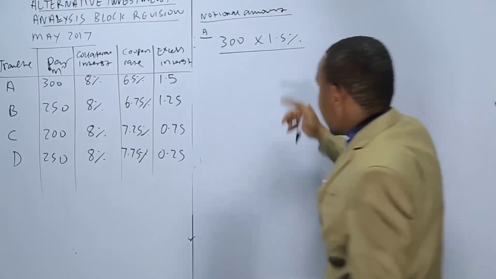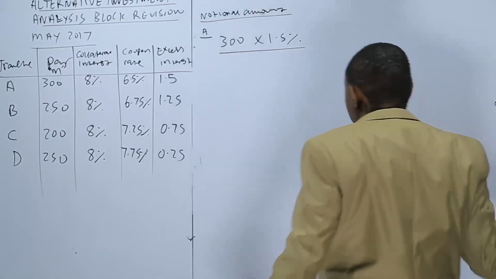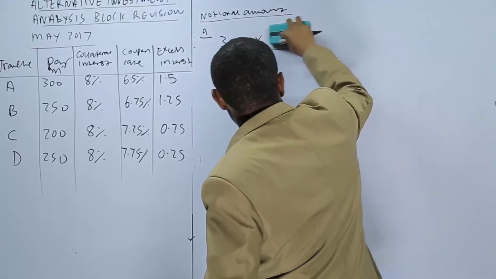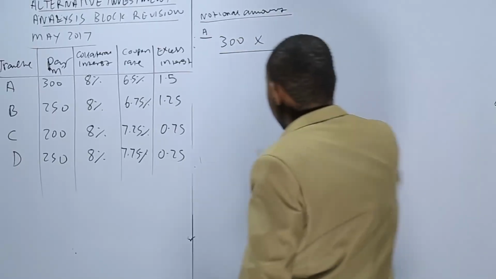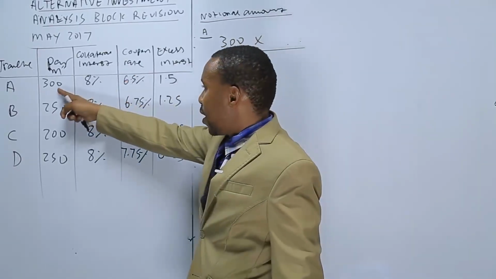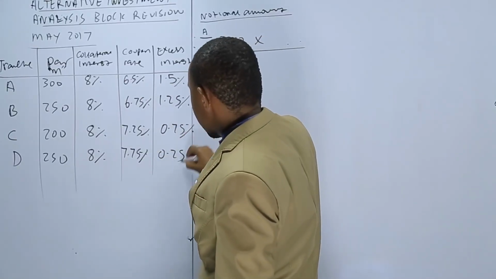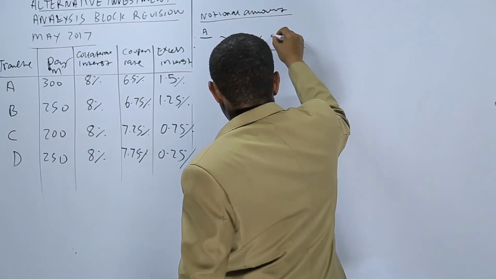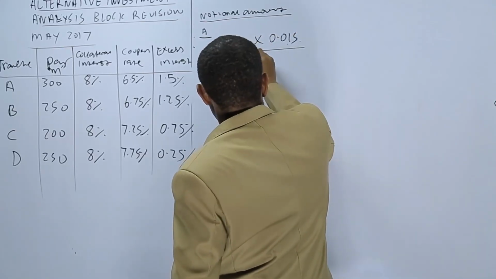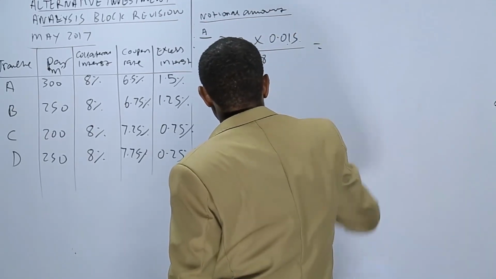So 8%. So if I convert this into decimals, 1.5 is the excess interest. So it will be 300, which is the par value, multiplied by this interest. This is of course considered to be a percentage. So it's 0.015 over 0.08.